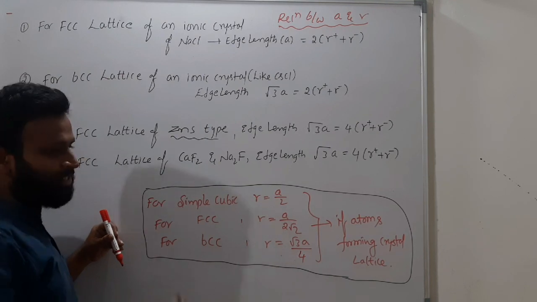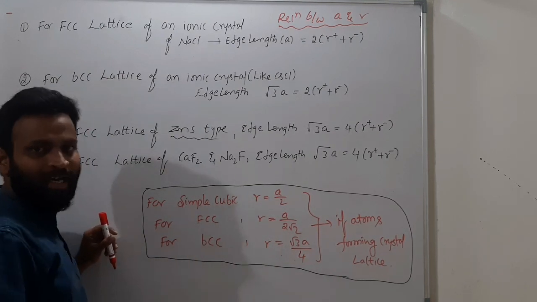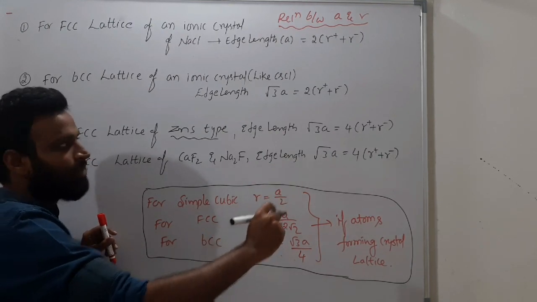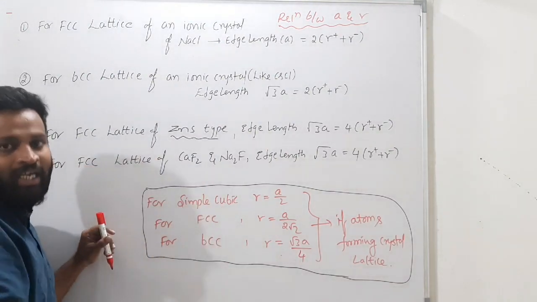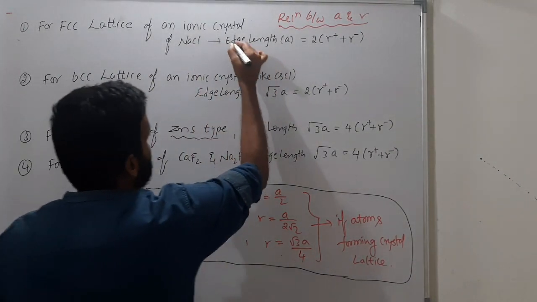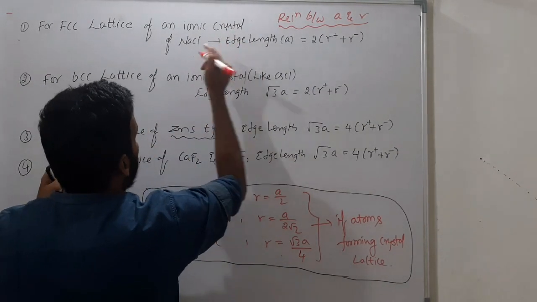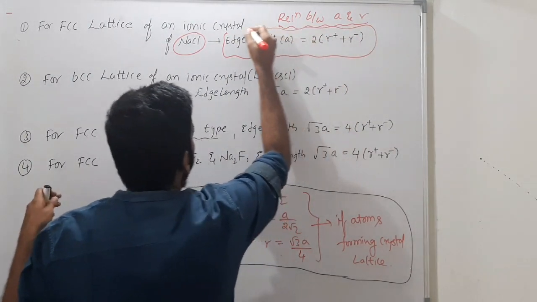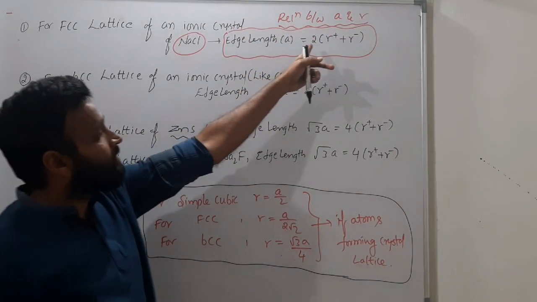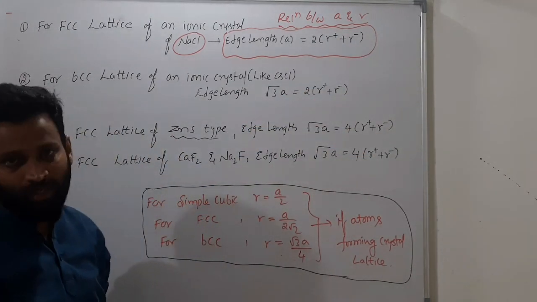If an ionic compound like NaCl is forming a crystal lattice, and the radius of cation is this much, edge length is this much, what is the radius of an ion? If they ask, you have to consider this formula. For NaCl-like crystal lattice, edge length A is equal to 2 into radius of cation plus radius of anion.